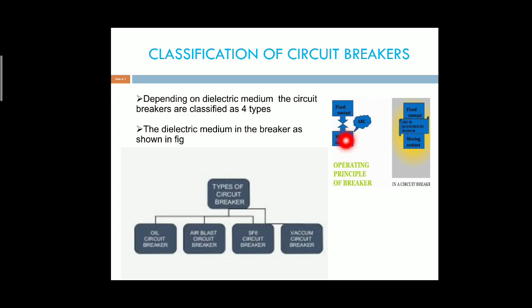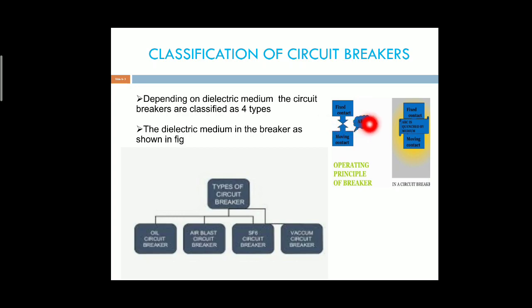If any fault is obtained near the contacts of the circuit breaker, then automatically the moving contact moves away from the fixed contact. When the moving contact moves away from the fixed contact, there is an air gap between the moving and fixed contact.